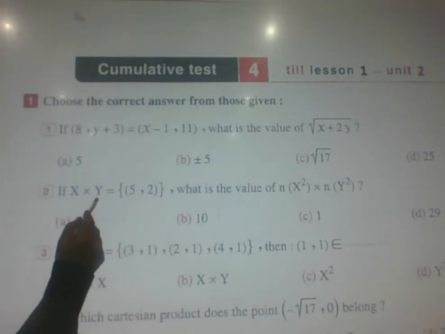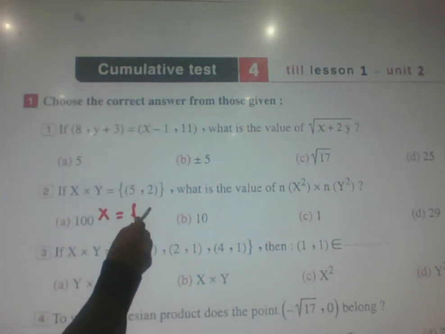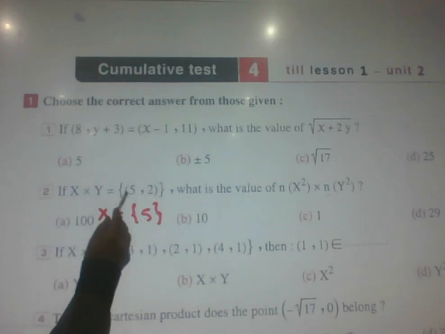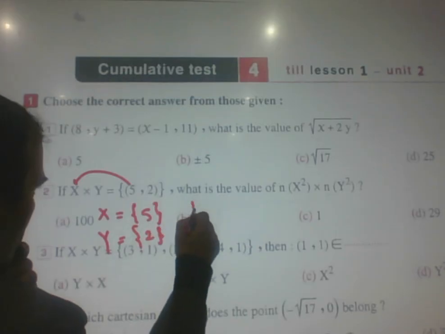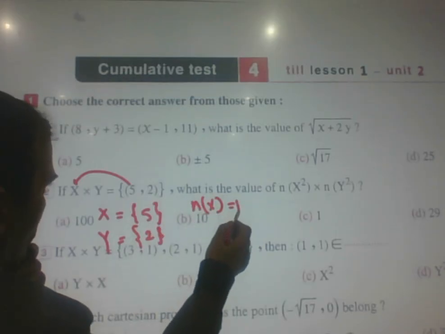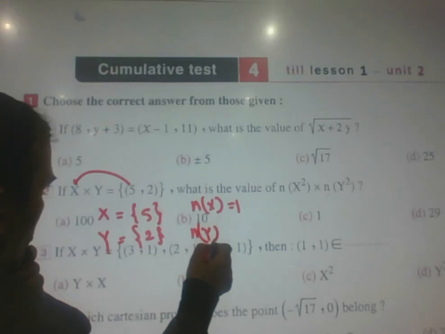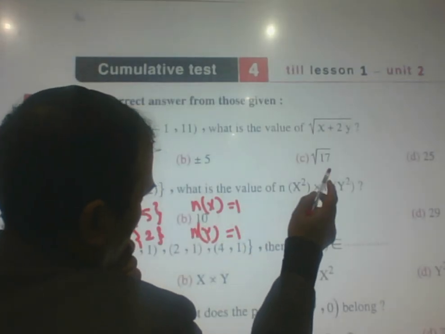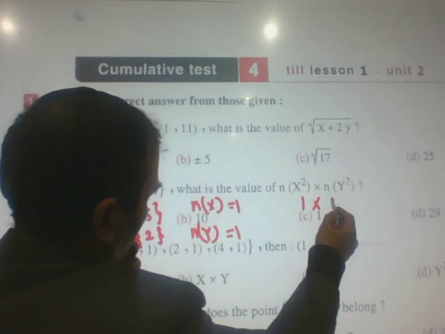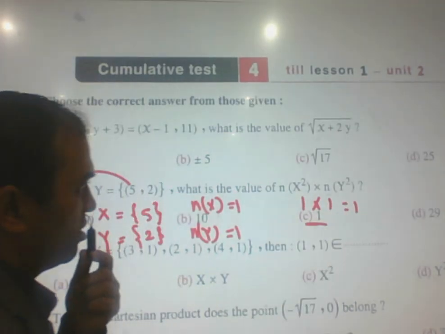We have x here with the set of 5 only. The first belongs to x, and the second y has 1 element. Then the number of elements of x will be 1, and the number of elements of y equals 1. So y to the power 2, y times 1 equals 1, and 1 times 1 equals 1. Then the result will be 1.